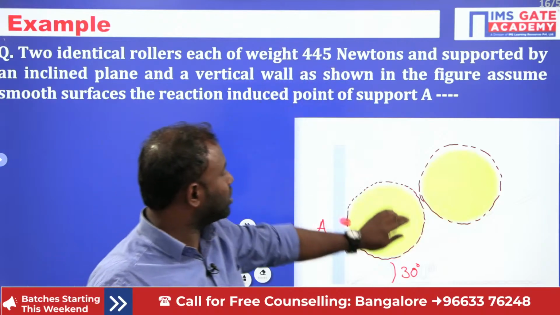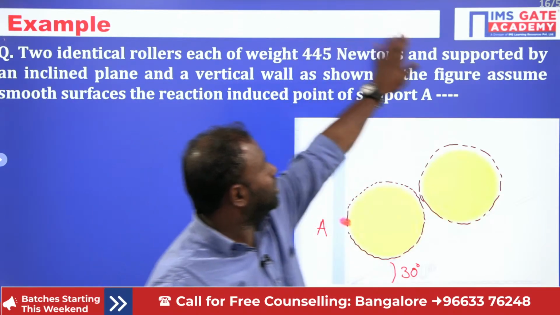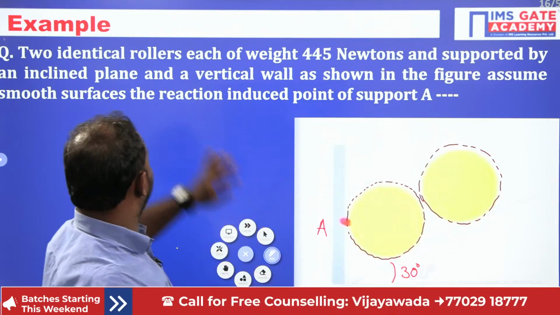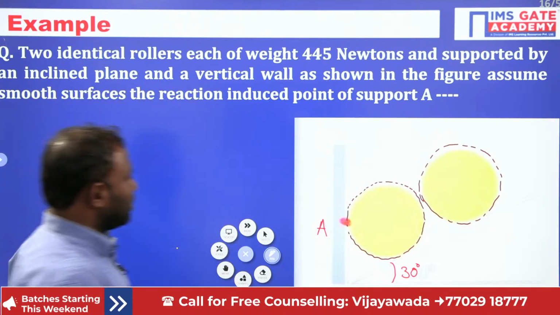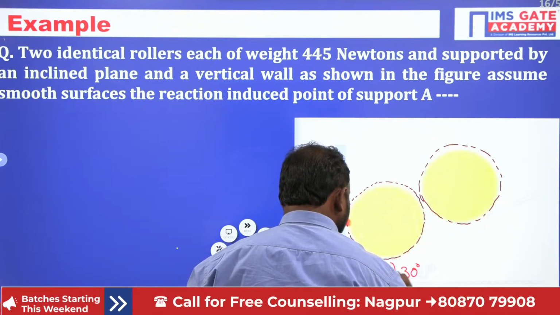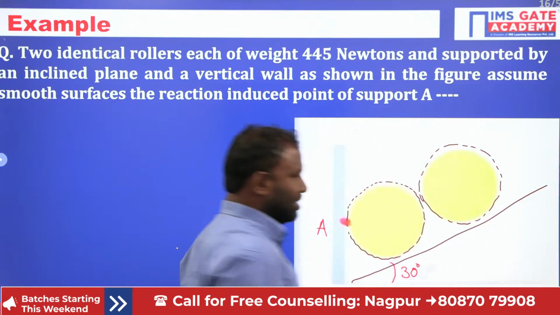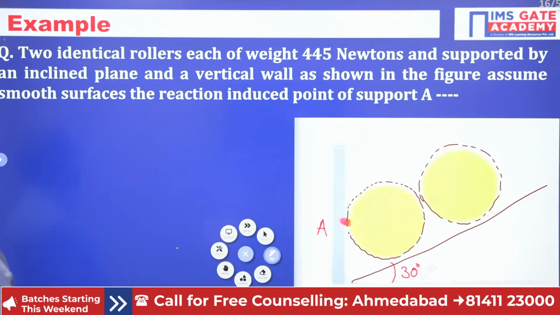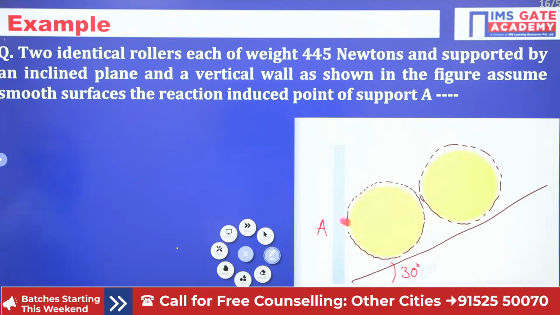That means this weight is also 445 newtons, and this weight also 445 newtons, and these are supported by an inclined plane like this, right?